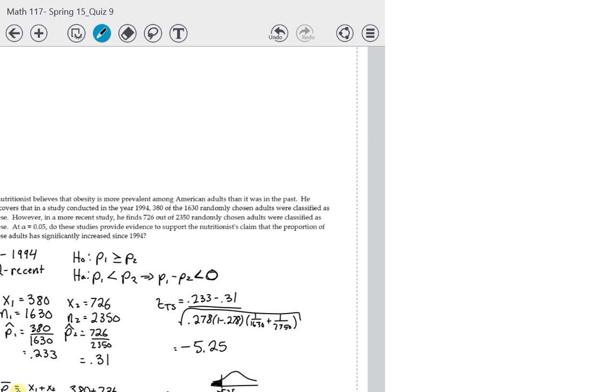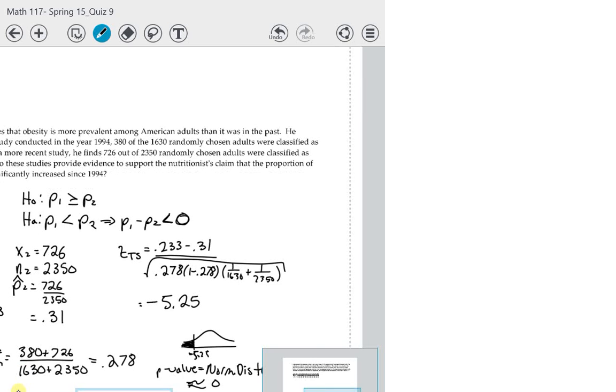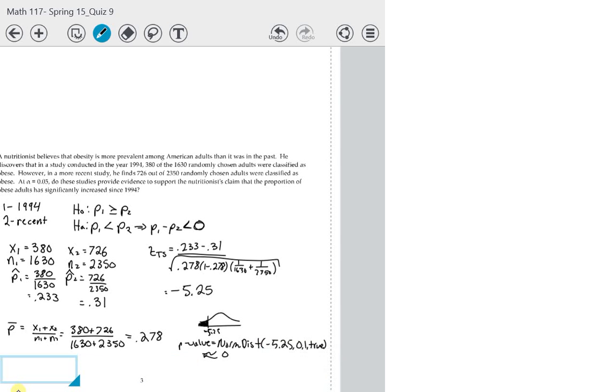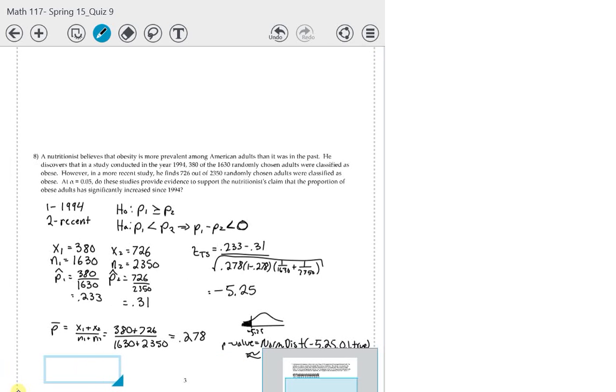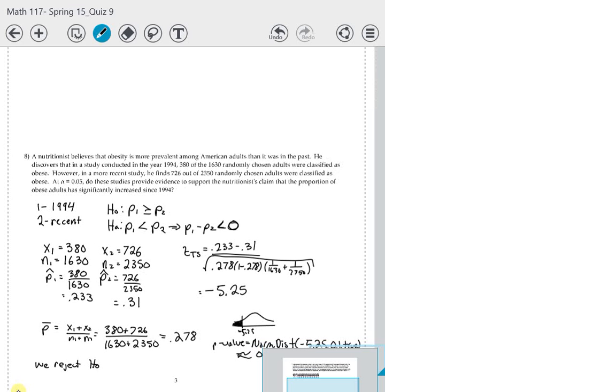Okay, so last step, don't forget this, really important step. You lose big points for not including this last step. You need to say we reject H0. And why did we reject H0? Because this p-value is less than alpha. Okay, alpha was 0.05. So 0 is less than 0.05. So we reject H0. And then we also don't leave it there.